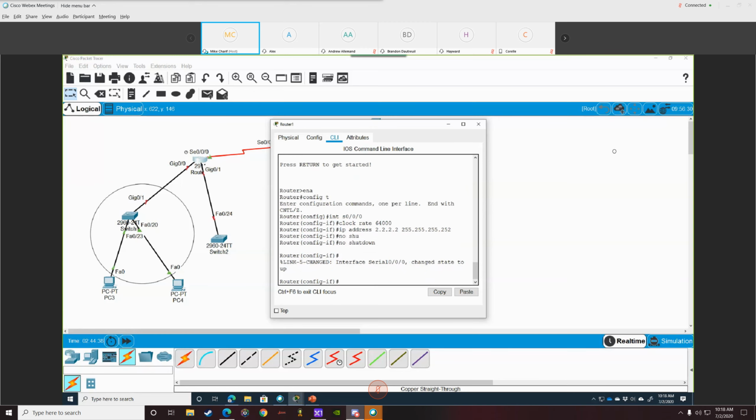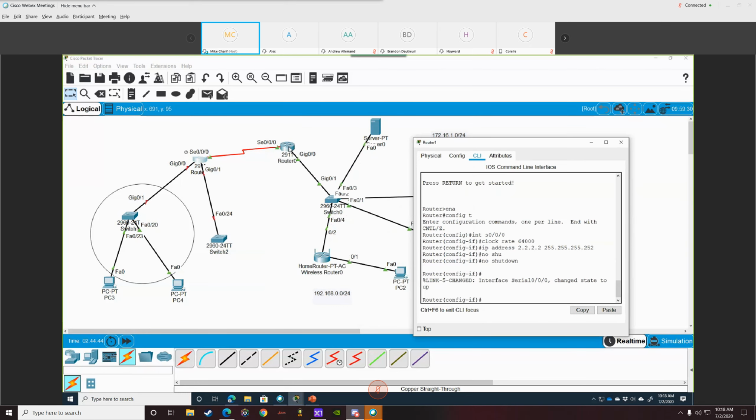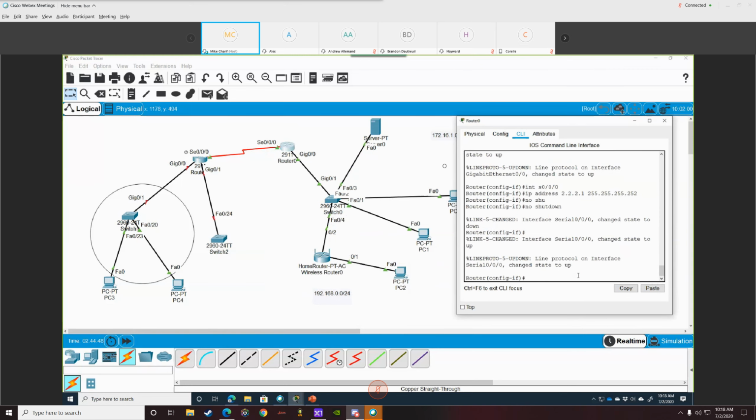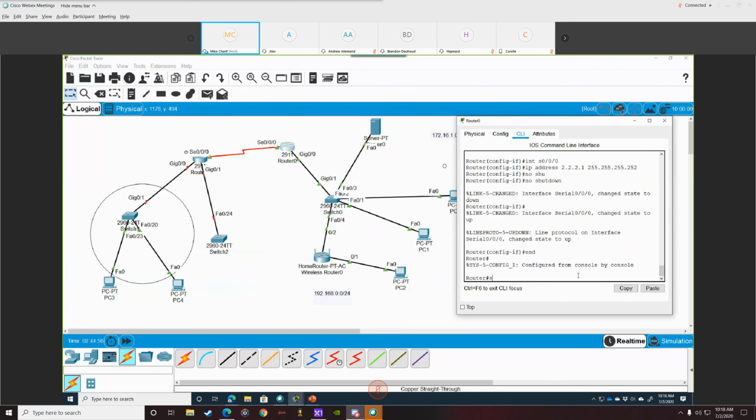Okay, so now what I can do is go to this device and issue, exit or end actually. I can put show cdp.